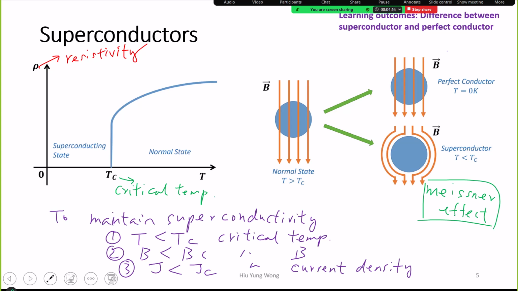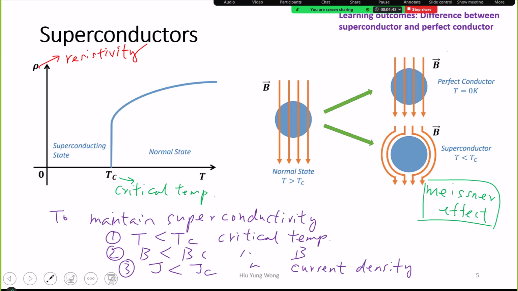And we mentioned three critical quantities: the critical temperature, critical magnetic field, and critical current density, or if you know the area, the critical current. Basically, if your temperature is less than the critical temperature, you have superconductivity.